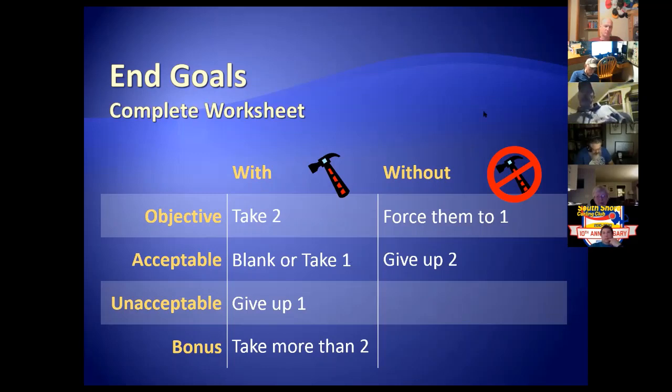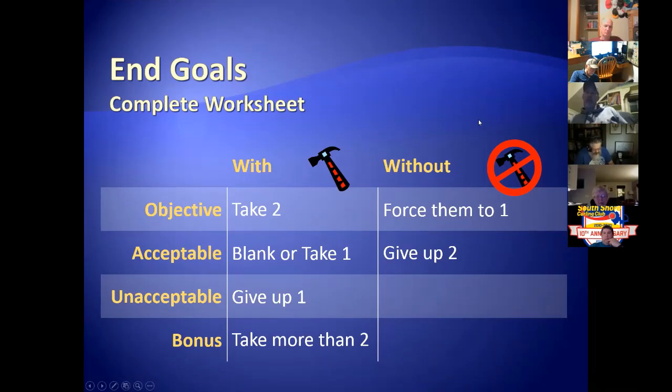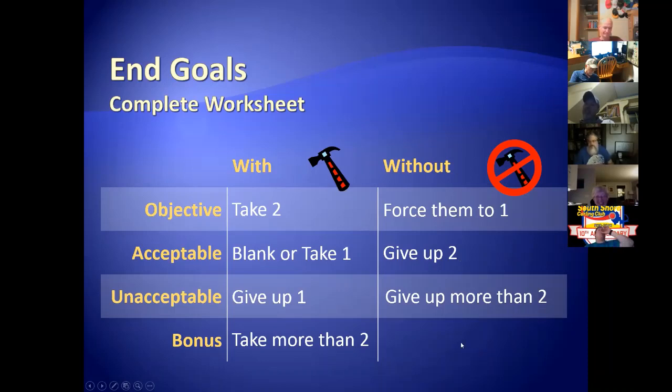What would be unacceptable? They're getting more than 2. Thank you, Evelyn. More than 2. Now, Evelyn, since you're still on talking mode here, what would be the bonus? Stealing. There you go. Stealing is not up to us.